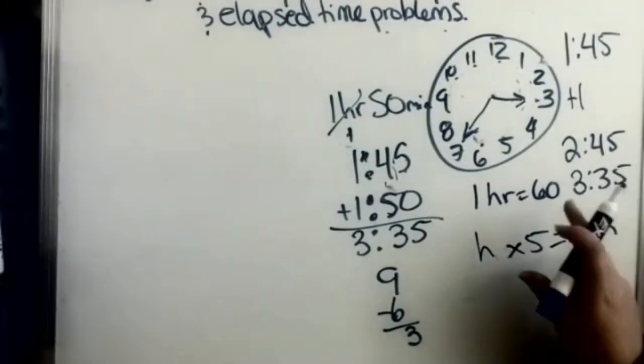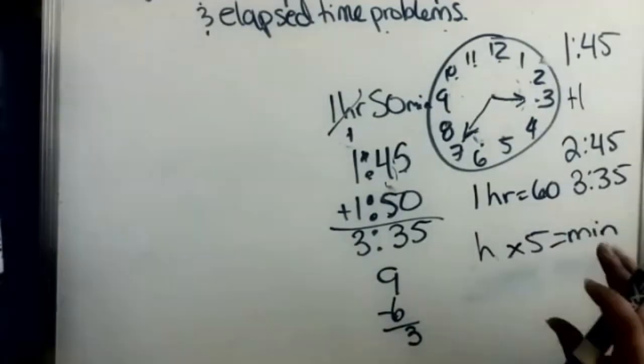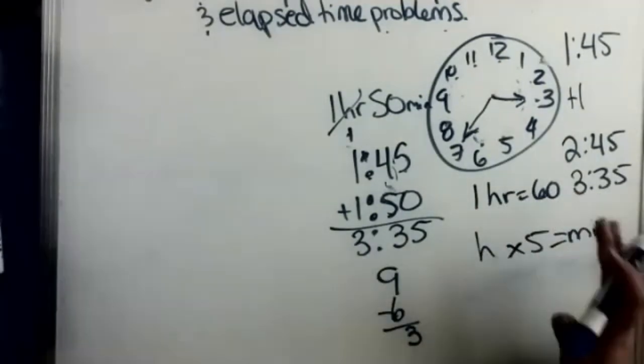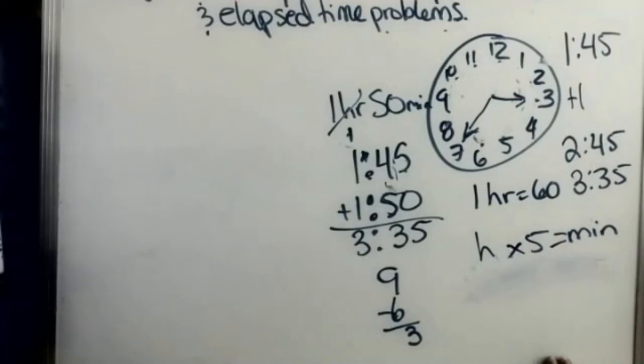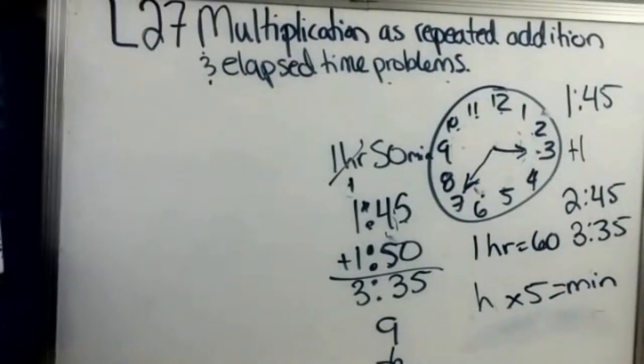I would do it this way, it's a little bit simpler, where you just move the hands around as you go, counting by 5s. That was lesson 27, multiplication as repeated addition and elapsed time problems. Remember, elapsed time problems should have been a review, so if you need to go back over it, go back to that original lesson.